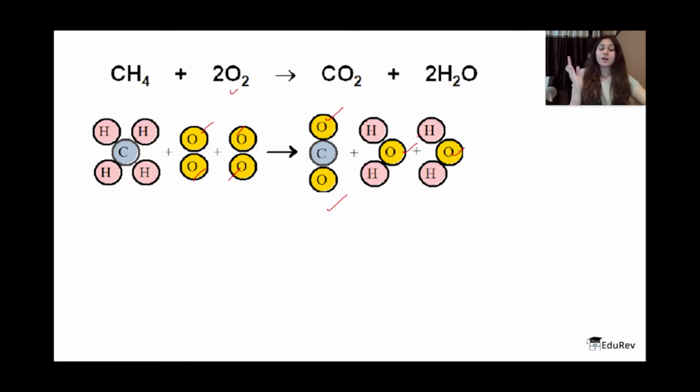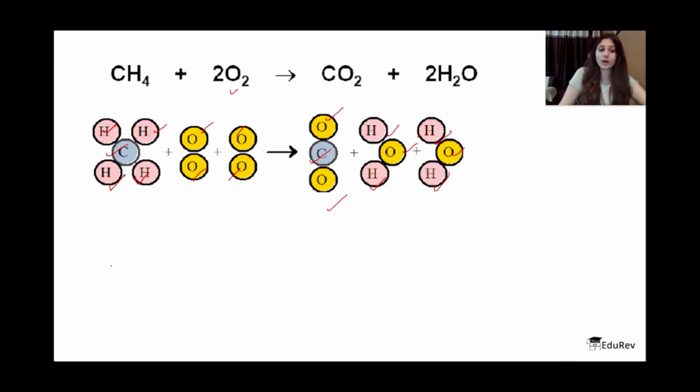Again on the left hand side, you see 4 hydrogen atoms, 1, 2, 3, 4, and on the right hand side, you see exactly the same 1, 2, 3, 4. On the left hand side you see 1 carbon atom, and the right hand side you see 1 carbon atom, and this is a correct equation because all the masses are balanced.